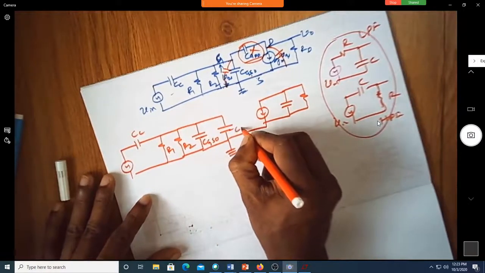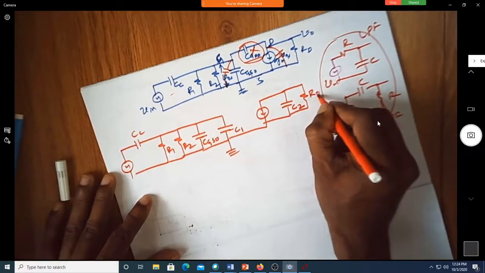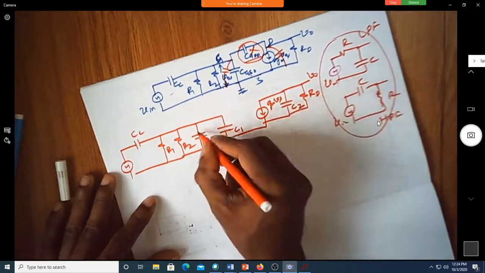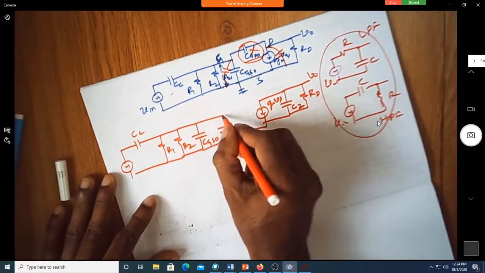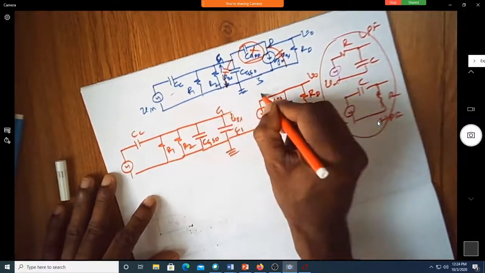I have one more capacitance on each side; you can see there is no more CGDO between. Let me call them C1 and C2. This is RD, this is V0, this is gm into VGS, where VGS is between gate and source. This is gate, drain, source.